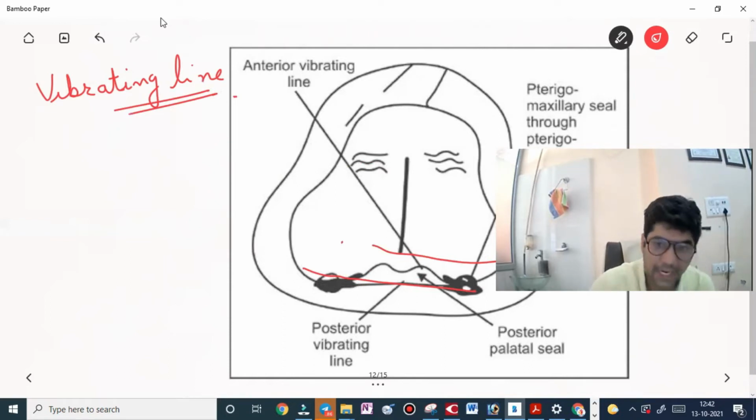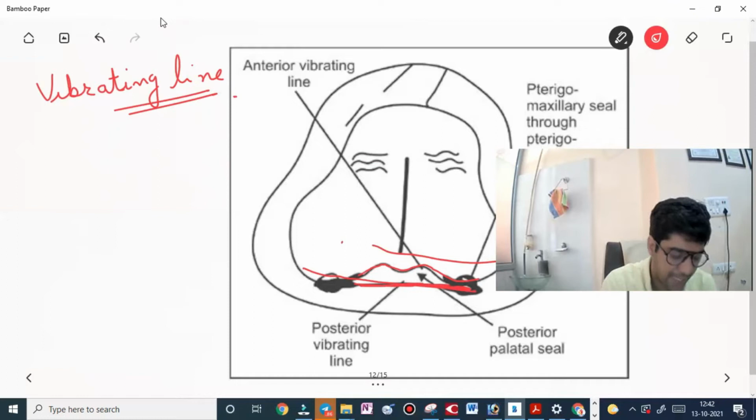That can be identified when the movable tissues are moving. So it can be anterior vibrating line, this one is the anterior vibrating line, and this is the posterior vibrating line.